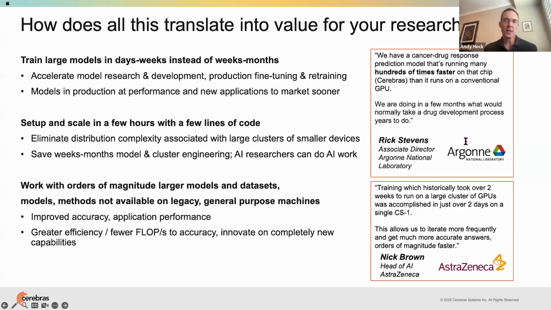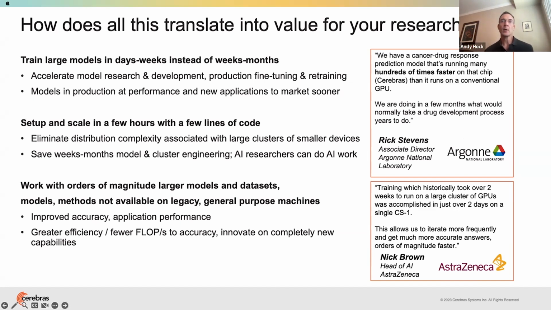So you heard in the previous sections about our systems and software and saw some of the performance attributes of the machine. So how does all this translate into value for your research, right? First, obviously, the ability to train large models in days or weeks instead of weeks or months, accelerate research and development of production models, as well as production model fine-tuning or retraining, allowing you to iterate more quickly, even at scale.